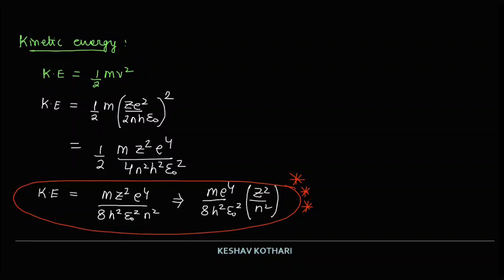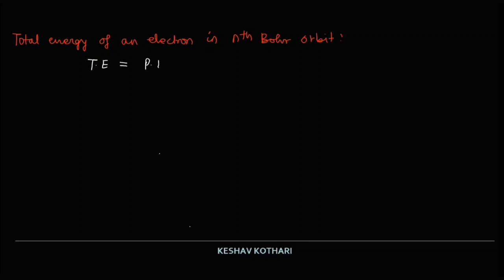So if I calculate the total energy of an electron in the nth Bohr orbit, then I can say that the total energy associated with the electron in the nth Bohr orbit is the sum of potential energy and kinetic energy. So if I simply add the two values, that is of potential energy and kinetic energy, which we have attained previously, we can write the total energy of an electron in the nth Bohr orbit.